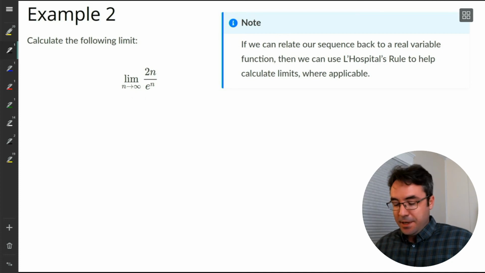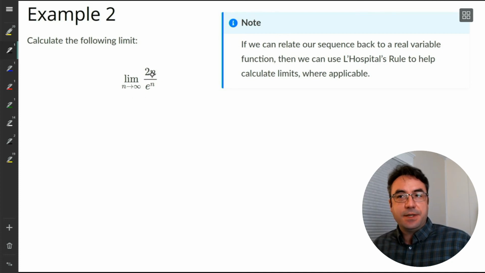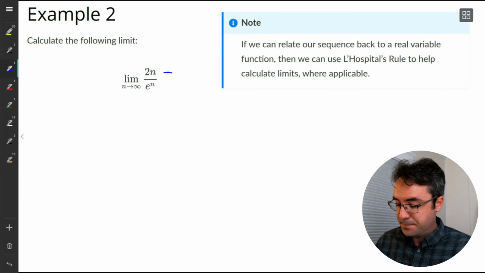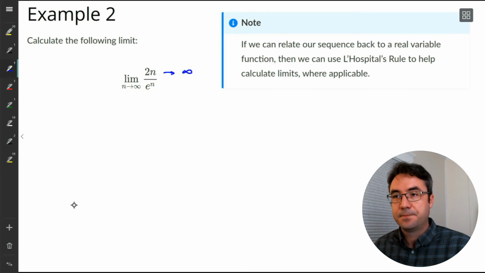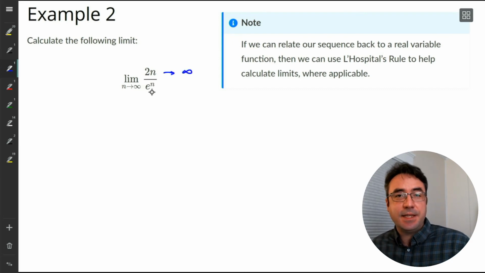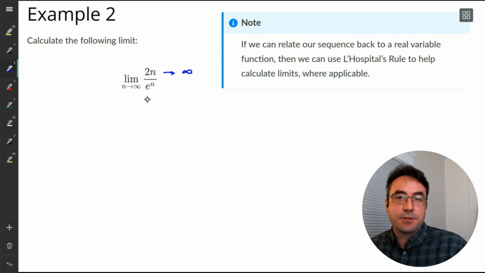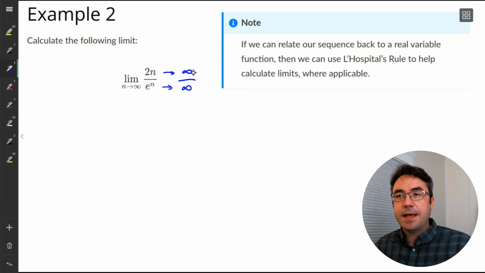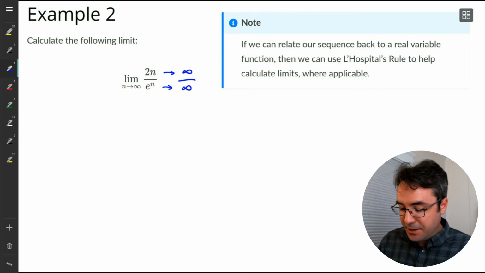And if we think about this, as n gets larger and larger positive, what is 2 times n doing? It's also getting larger and larger positive. And what is e raised to the n? Well, that's also getting larger and larger positive. And so we have this infinity over infinity indeterminate form.